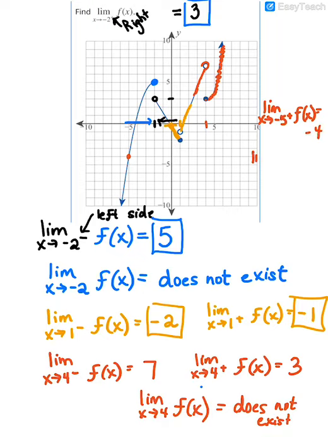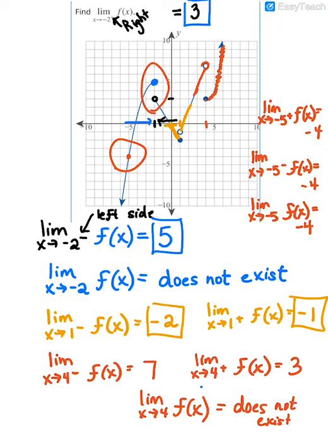If you come from the left-hand side, then again, that limit is at -4. So overall, we say the limit as x approaches -5 is -4. So you'll notice a difference: when we don't have breaks in the graph, that's typically when the limit exists. When we do have these breaks, you're going to have different one-sided limits like we saw, and that's when the overall limit does not exist.